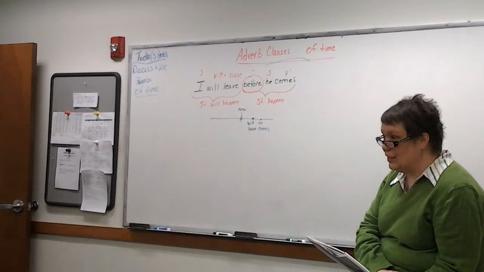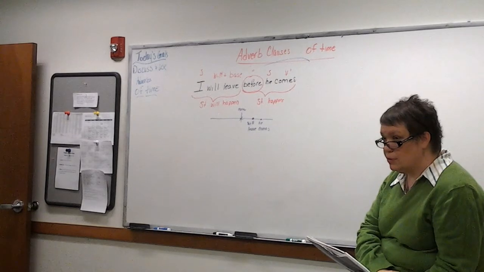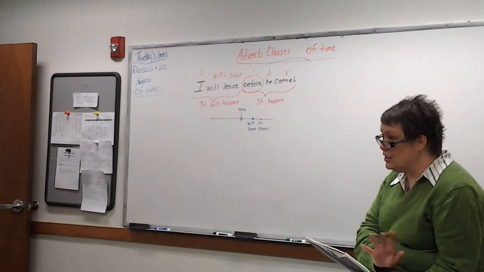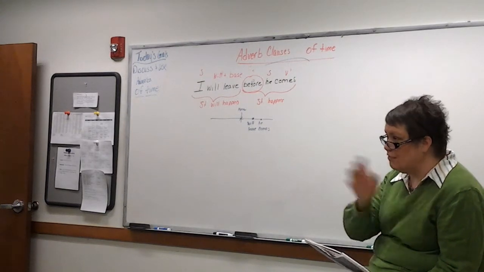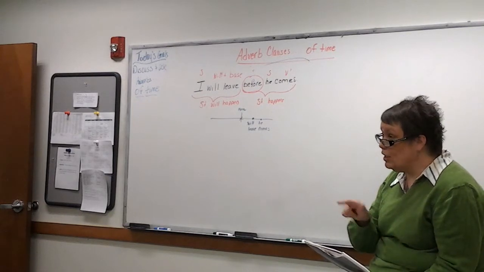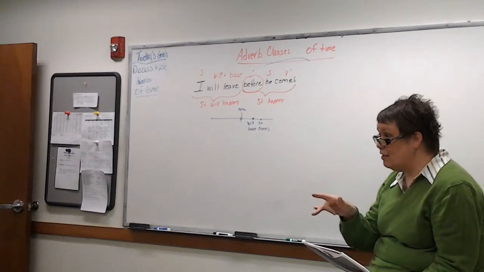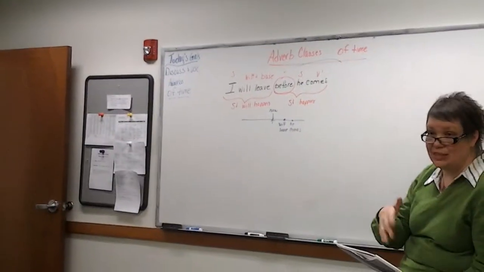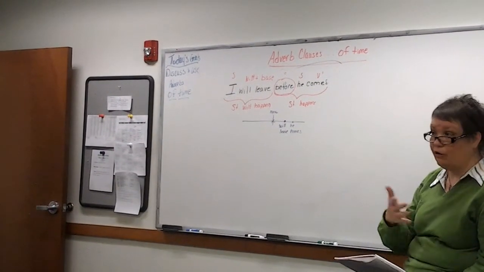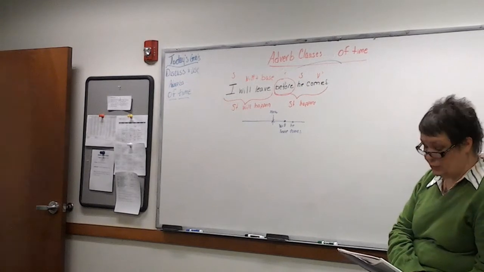When had he already left? When I got there. So we're giving more information about had left. Each of these adverb clauses is just giving more information about a verb. That's all it's doing.